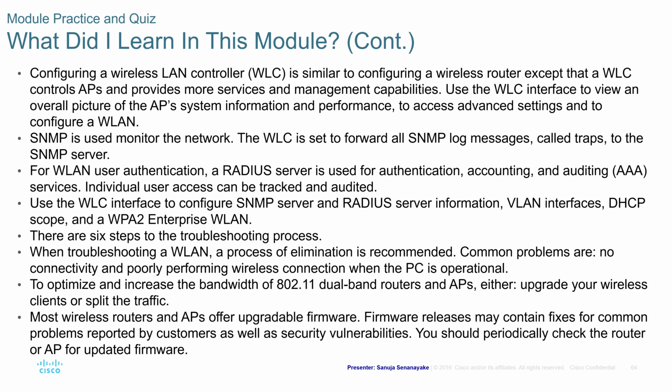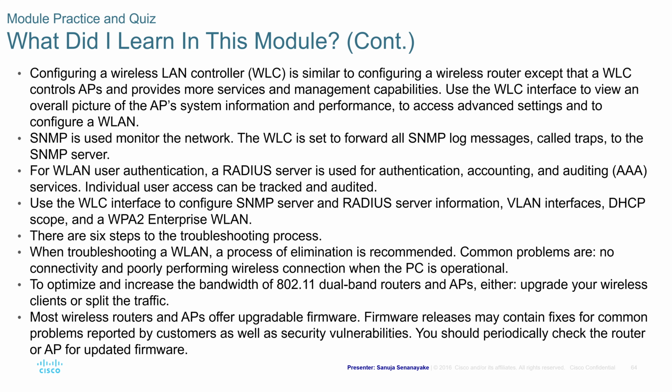We learned a little bit about SNMP and how it is used to monitor the network. The WLC is set to forward all SNMP log messages, called traps, to the SNMP server. For WLAN user authentication, we learned that the RADIUS server can be used for authentication, accounting and auditing, also known as AAA services.